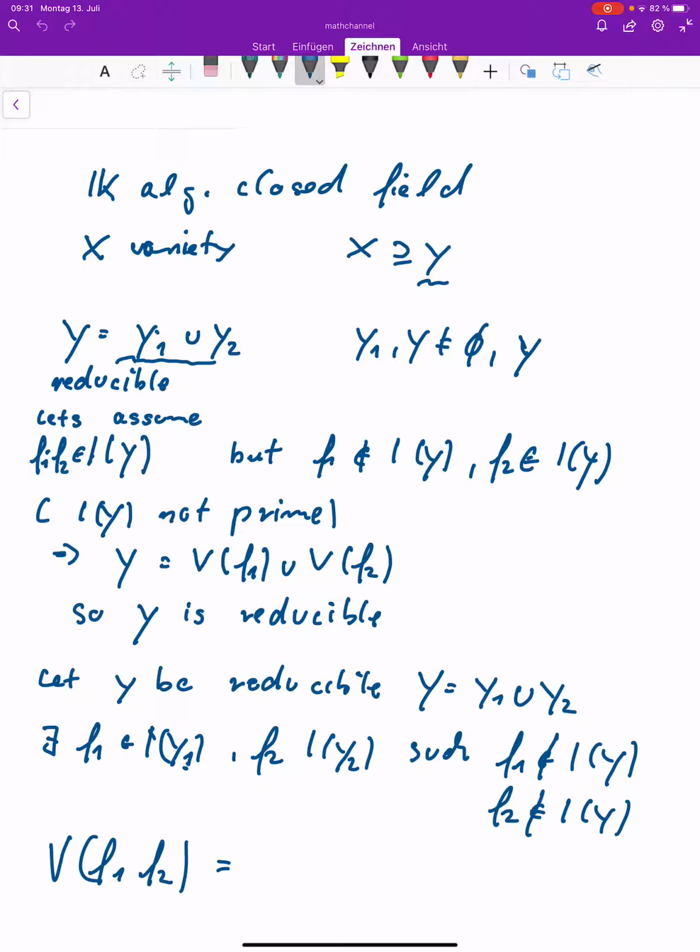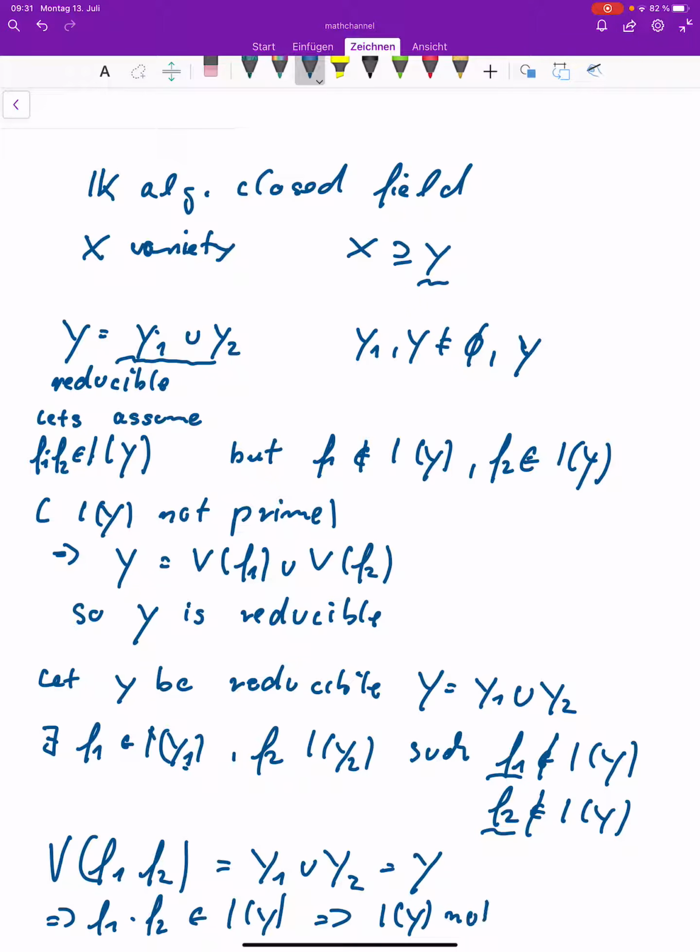In other words, it is Y1 union Y2, which is nothing but Y. So we see that this product f1 f2 is in I of Y, while these polynomials f1 and f2 are not in I of Y, and this means that I of Y is not prime.